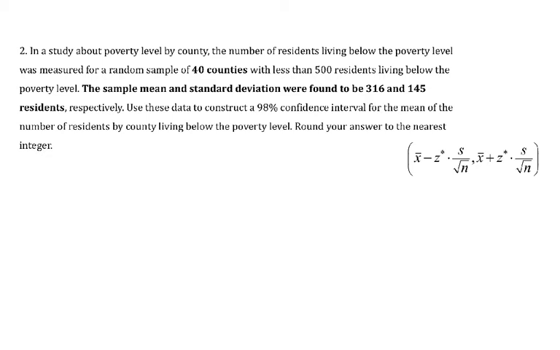Now, in this problem, what are we talking about? A study about poverty level by county. So in this study, the number of residents living below the poverty level was measured for a random sample of 40 counties.